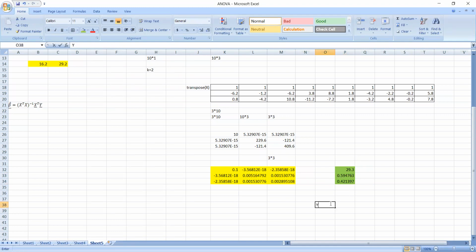Now, when you write the model, you can write y is equal to the beta naught value 29.3 plus 0.59473 into x1 minus x1 bar. That is what you have in the original model.